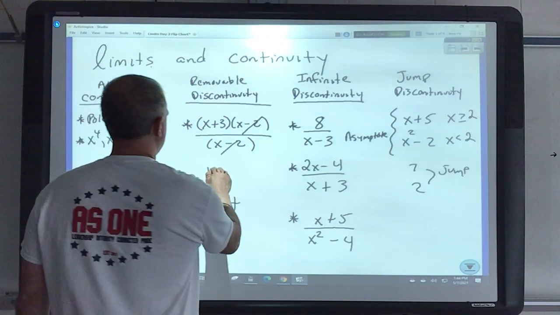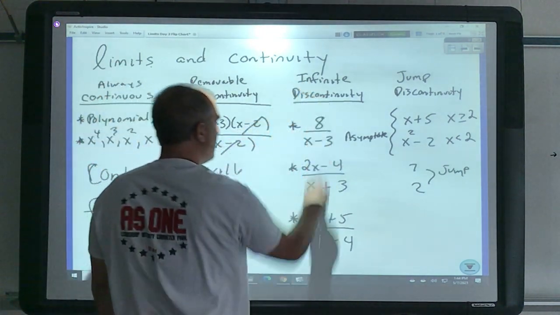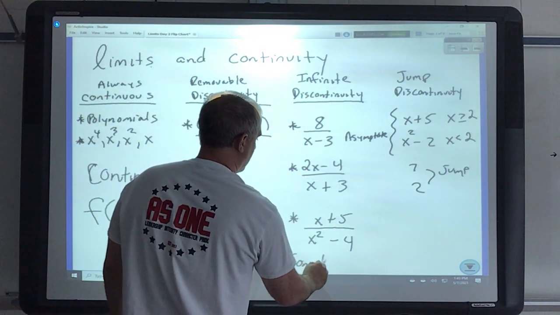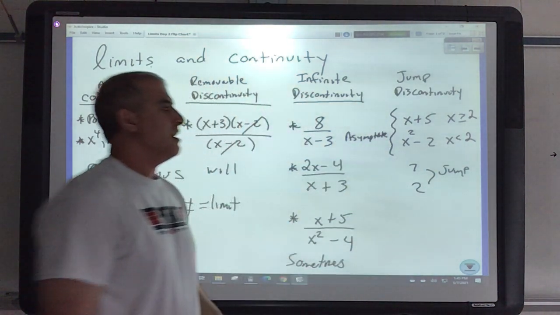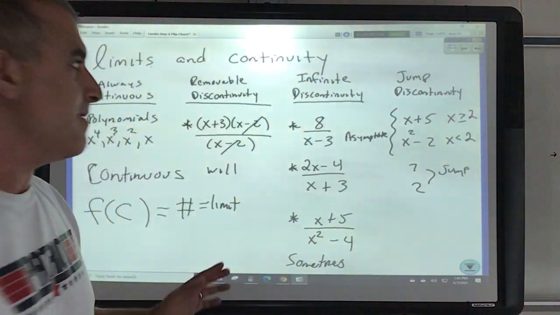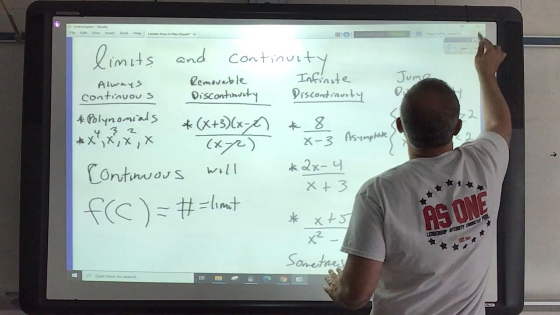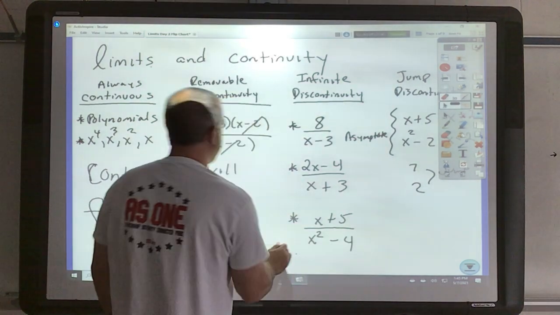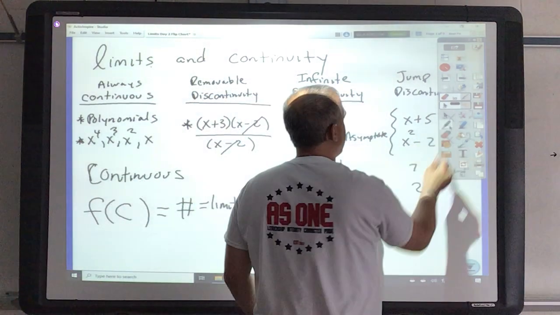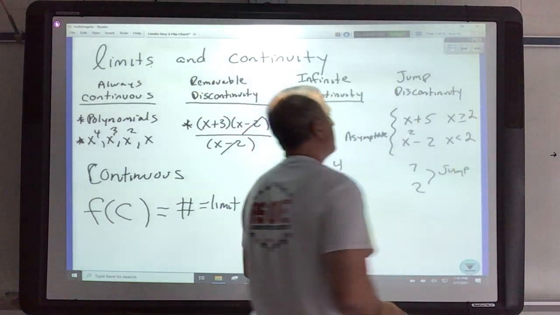You will get one. For an infinite, sometimes you're going to get one. And for a jump, if it's at that point, it matters. So to sort of answer that question, it depends on some factors.